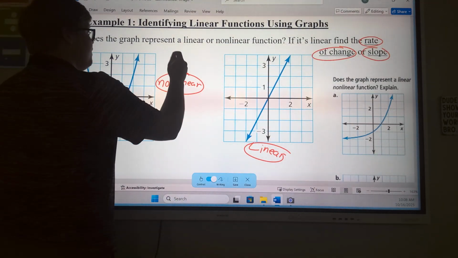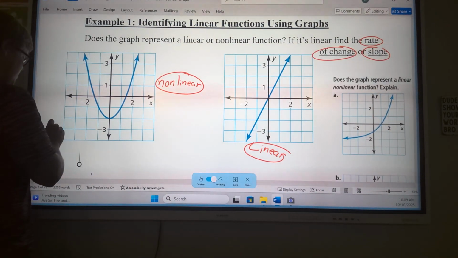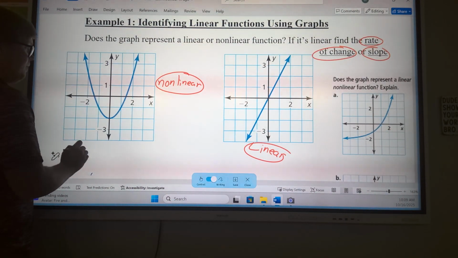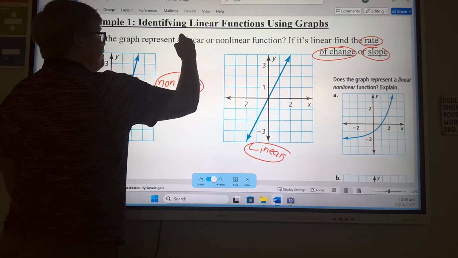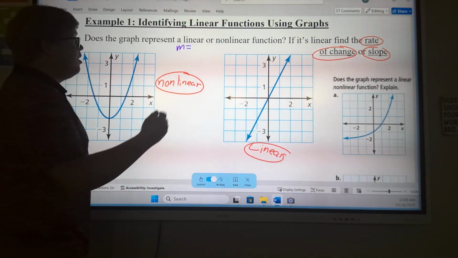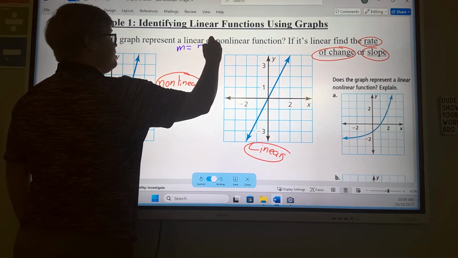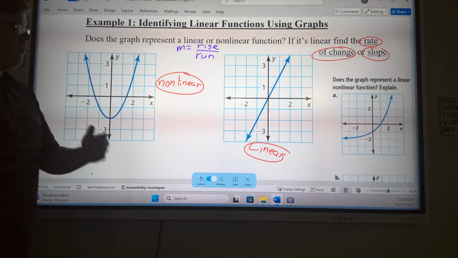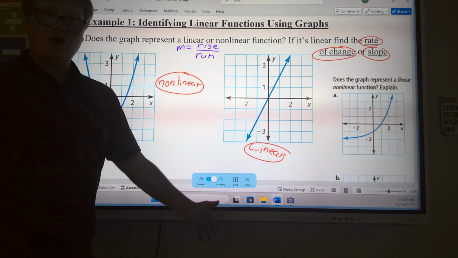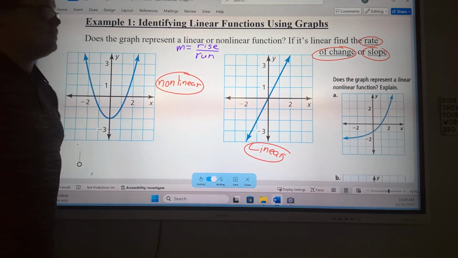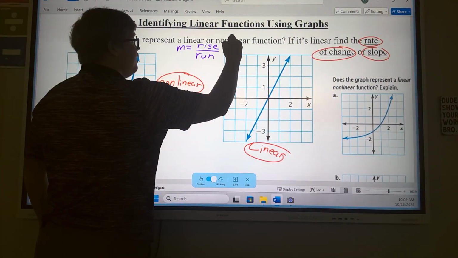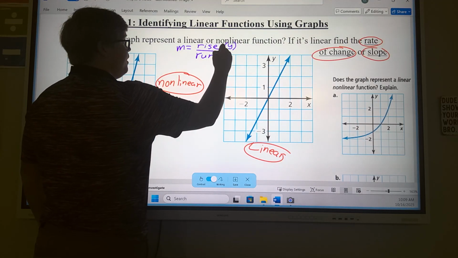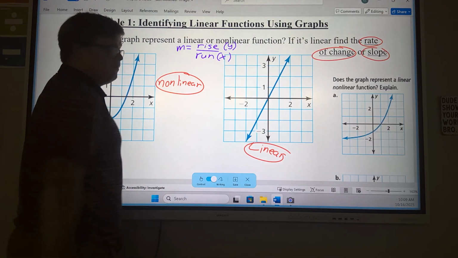First of all, we know that, let me change colors here. Slope is m, and slope equals rise over run. And we know that when we rise or fall, it's the y-axis, right? So that means our y goes on top and our x goes on the bottom.